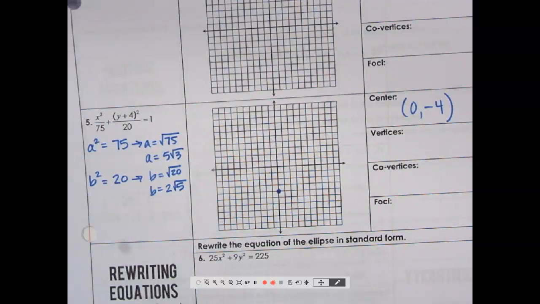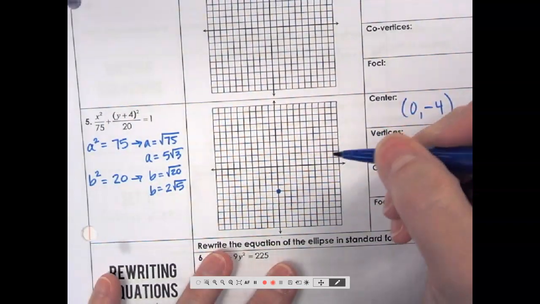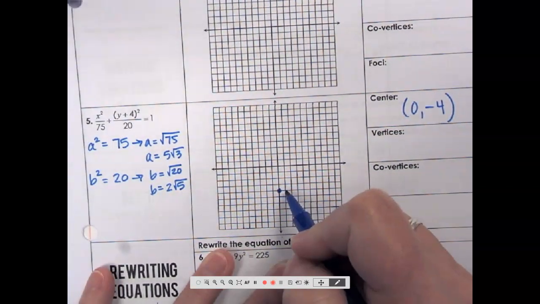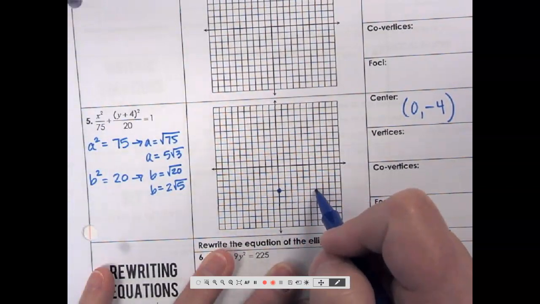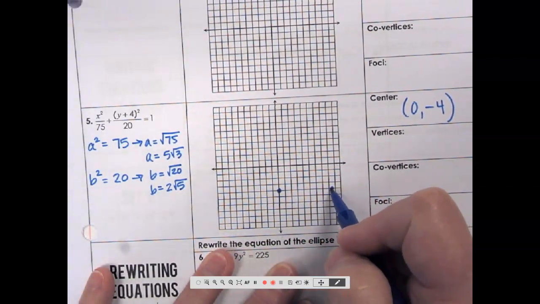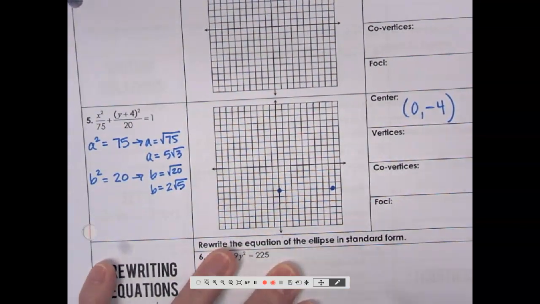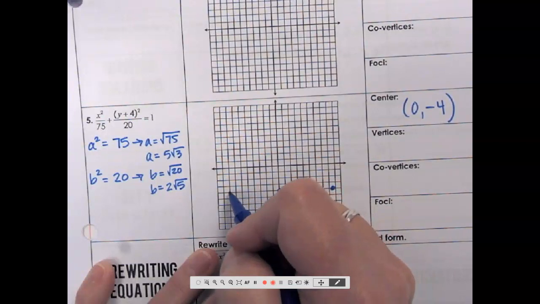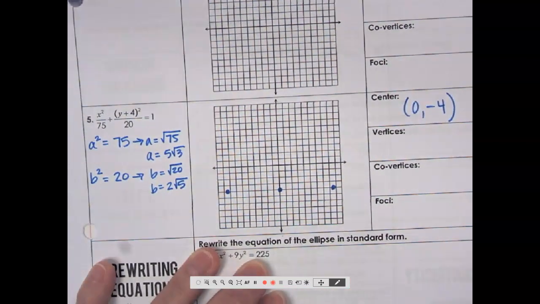Between 8 and 9, because 8 squared is 64, 9 squared is 81. So we'll just go a little more than 8. In which direction? Left and right. 1, 2, 3, 4, 5, 6, 7, 8, a little more.